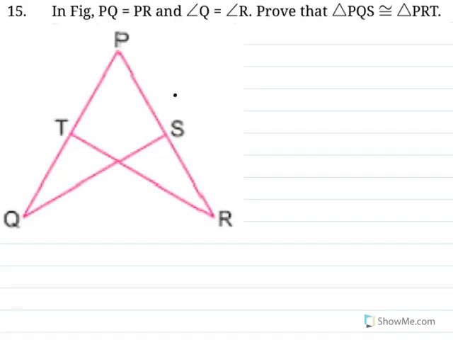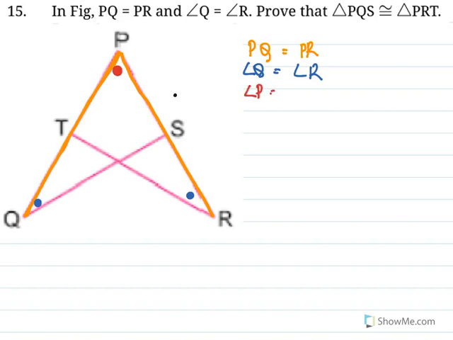In the figure, if PQ equal to PR, so let's mark that. This is PQ. It's equal to PR. One side is given, and angle Q equal to angle R. So let's mark that. That's two given to us. And we know this angle P is common.